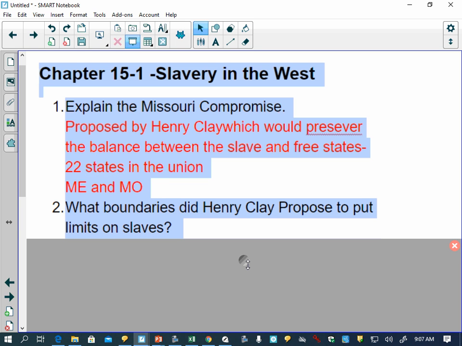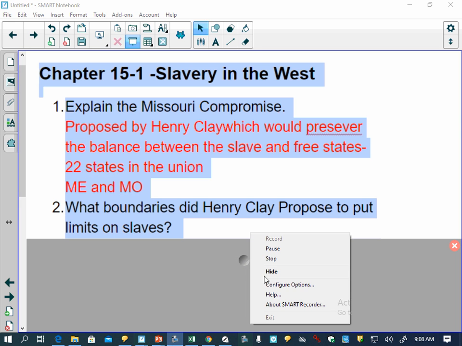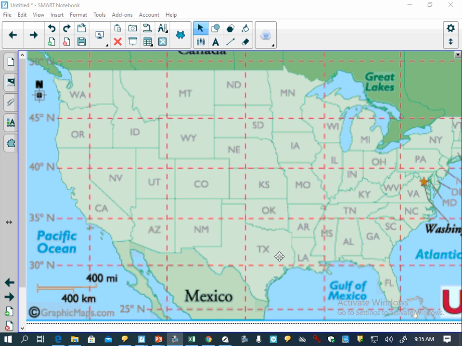The next one: Henry Clay, who was a big architect of the Missouri Compromise, proposed to limit states based on latitude lines. So if we had a big globe in front of us, these are lines of latitude and longitude. We're looking at the latitude lines right now.